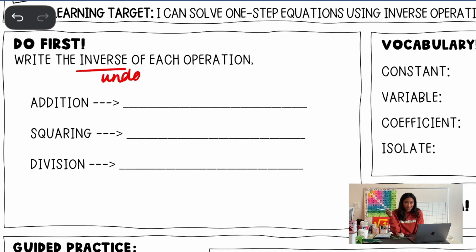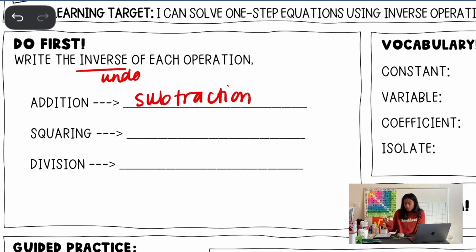So I know you know the inverse of addition. You're right, it is subtraction. The next one may give you a little bit of a hard time. Our operation is squaring. Now, to square a number means to multiply it times itself.